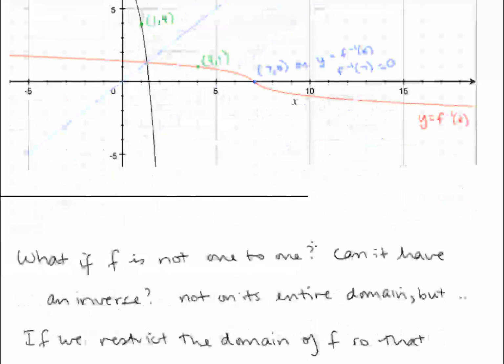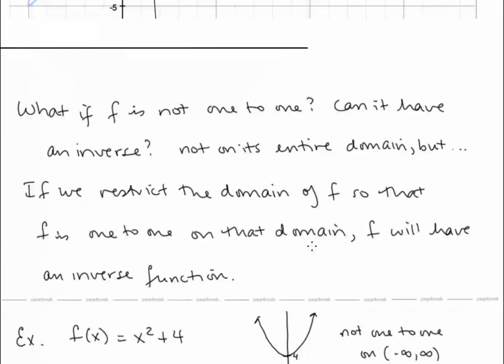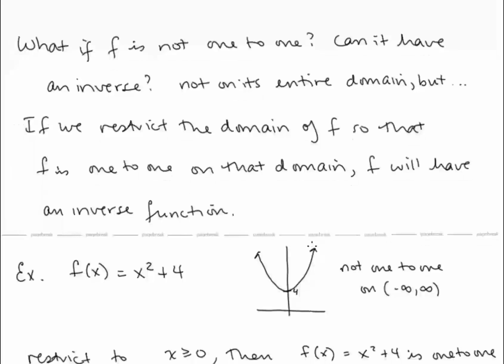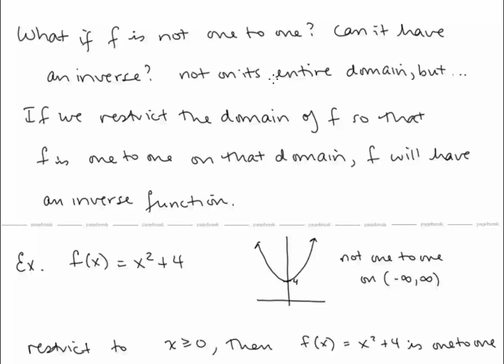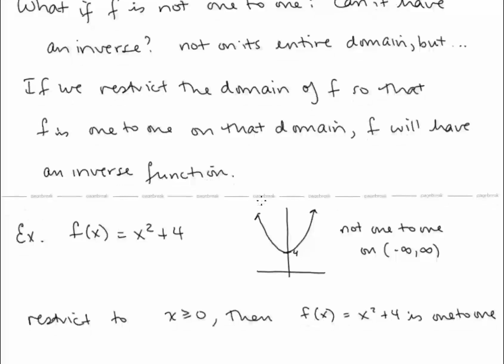Now, what if f is not one-to-one? Can it have an inverse? Well, it can't have an inverse on its entire domain, but if we restrict the domain of that function so that it is one-to-one on that domain, then it will have an inverse function. For example, if we take a look at f of x equals x squared plus 4, we can see that on its domain of the entire real line, it is not one-to-one.